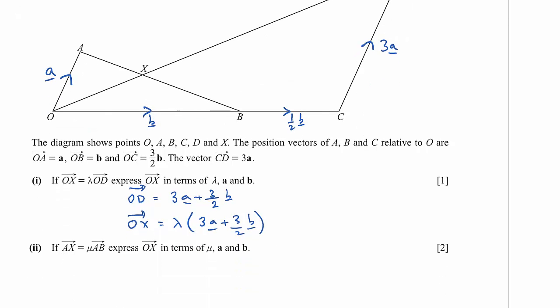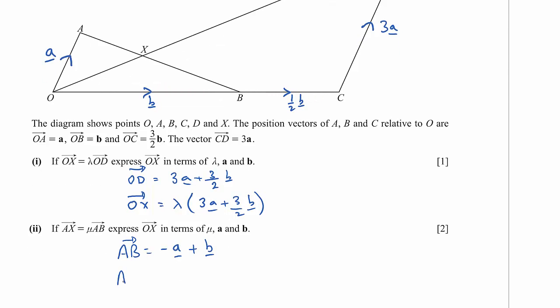And then we have AX is given to us as mu AB. Express OX in terms of mu, a and b. Well, let's start by saying, how do we go from A to B? So we would go backwards to O, so that's a minus a, and then forwards to B, which is plus b, or b minus a if you like.